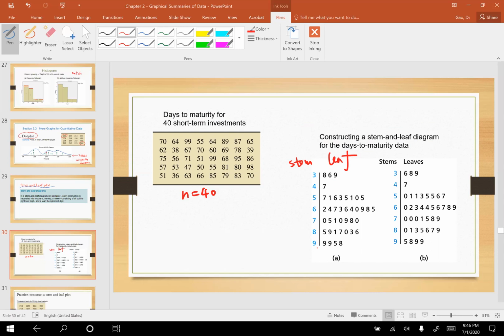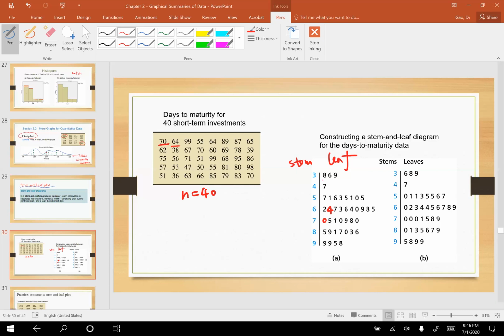For the first value, 70, the leaf is a 0, so we put a 0 on the 70s level. For the next one, 64, we put a 4 on the 60s level, and so on and so forth.